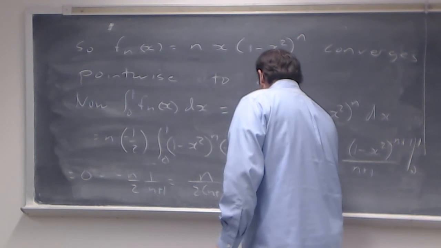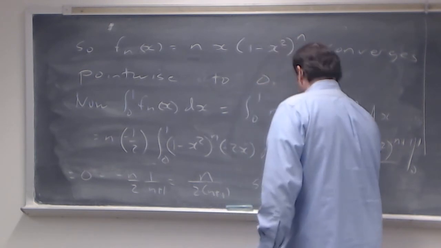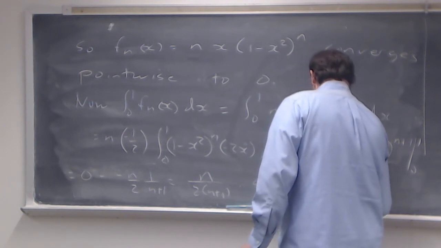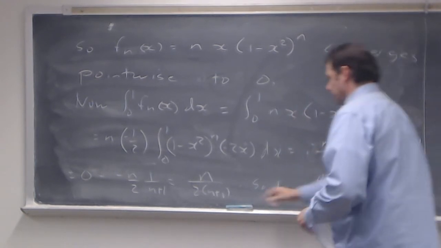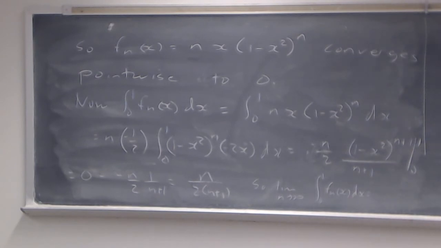And so the limit as n goes to infinity of the integral from 0 to 1 of f sub n of x dx is going to be equal to the limit of this. Let me write that down.